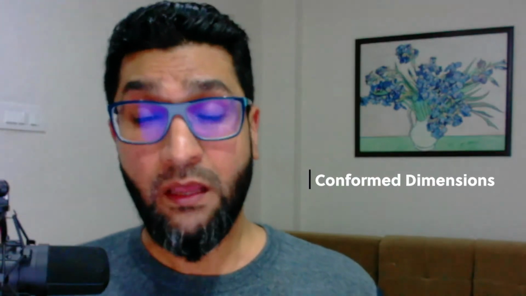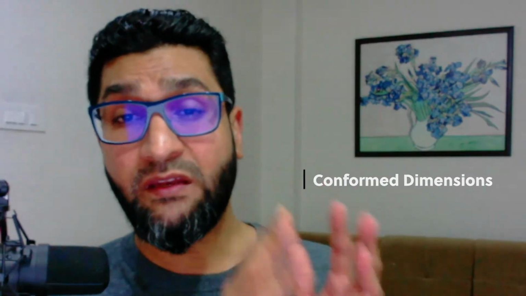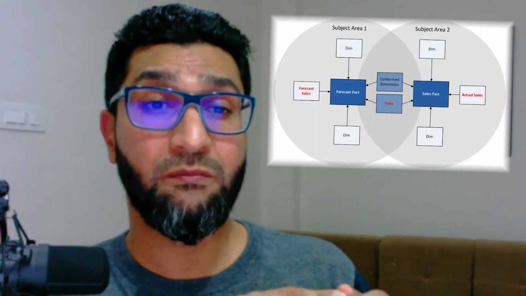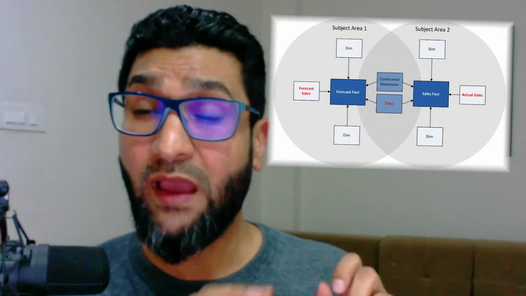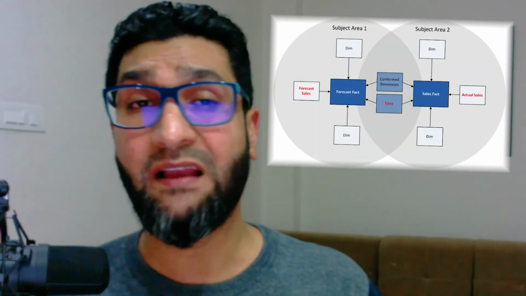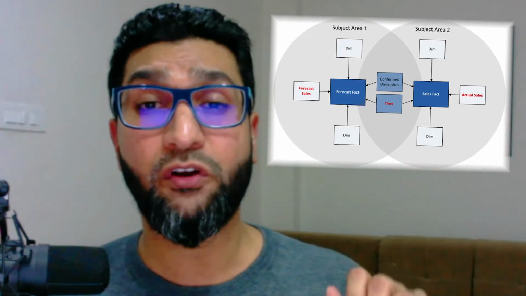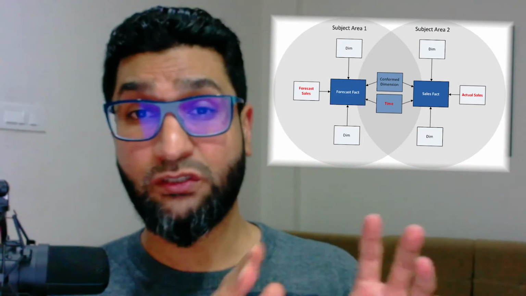Principle number 5, conformed dimensions. Now this is a thing, right? The star model within the data warehouse is subject oriented. That means you are creating the star model for a particular subject, and the fact table holds your subject related information, like sales information. You can create a separate fact table for your marketing, you can create a separate fact table for your finance information, and so on and so forth.